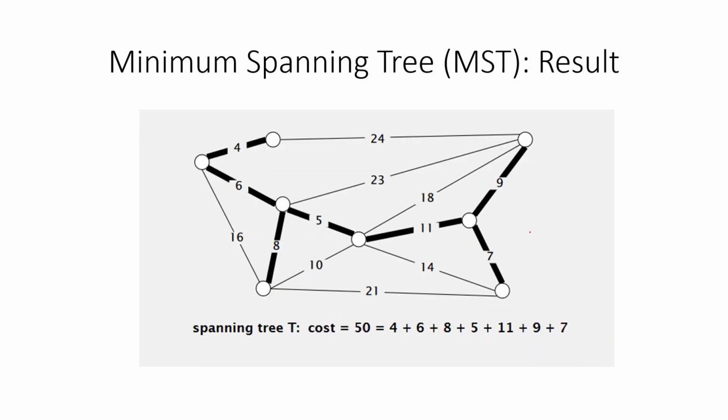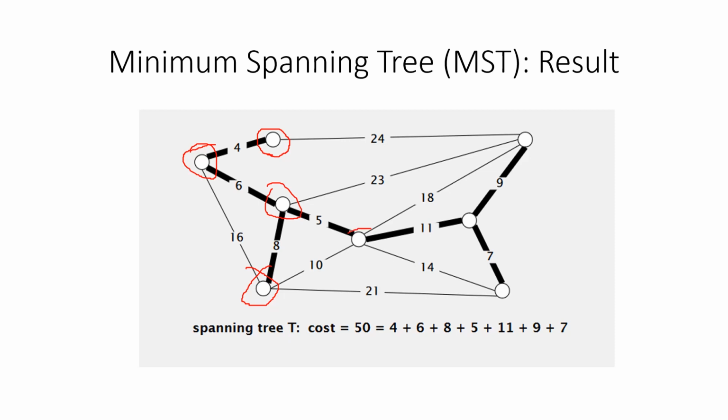And this one is a minimum spanning tree. Among all possible variants of the spanning trees, this tree has the minimum weight, and it covers all the vertices, as you can see.